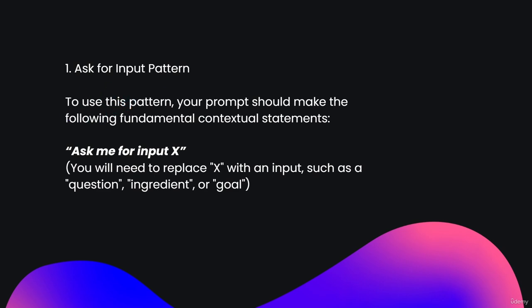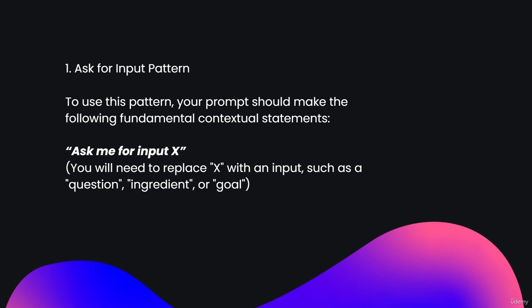The ask for input pattern is a powerful way to craft prompts that guide AI interactions effectively. This pattern involves asking for an input, providing clear contextual instructions and specifying the desired response structure. Why are we using this?